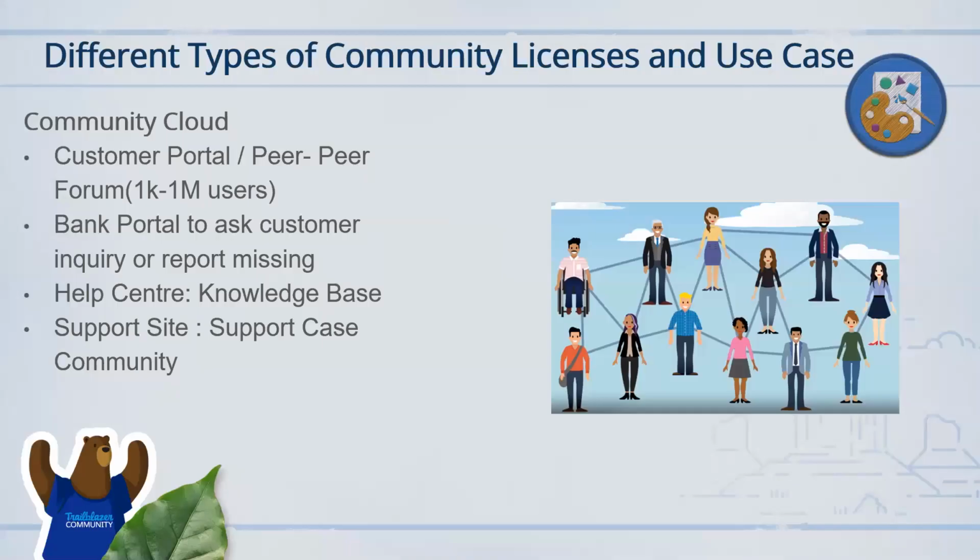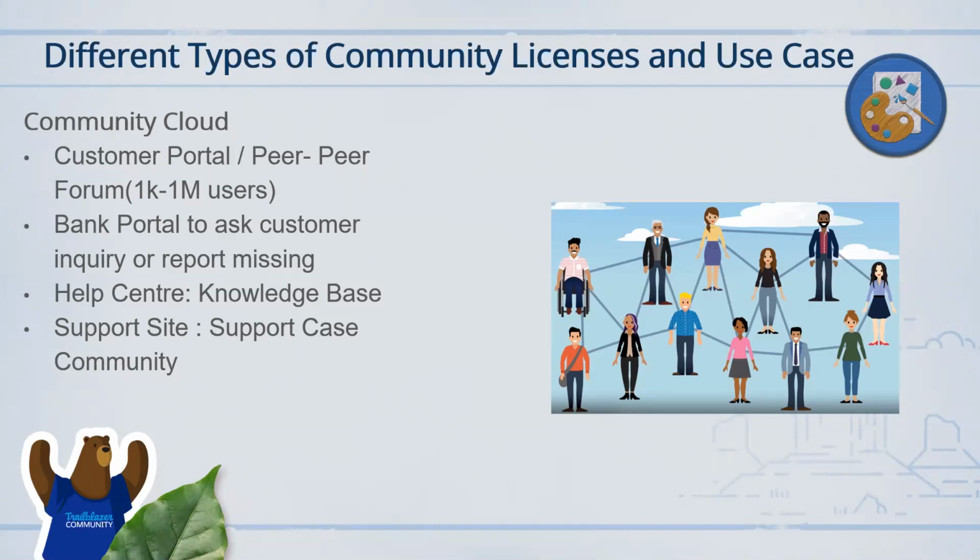Now let's discuss different licenses for communities. It is very important to decide the right license for the right business. It is very important to first evaluate the business use cases and then determine which license will fit into this business use case, right?